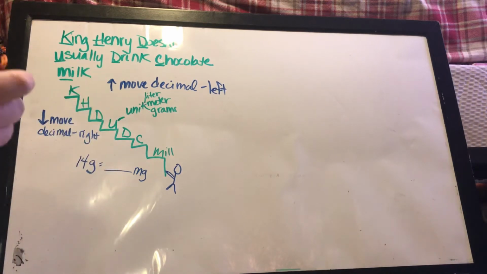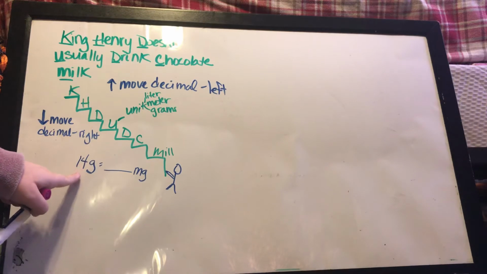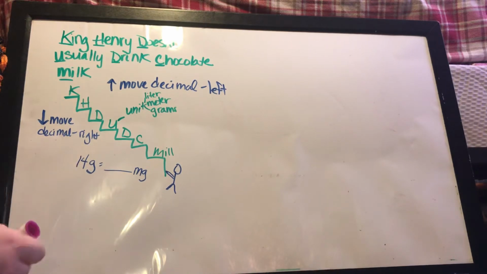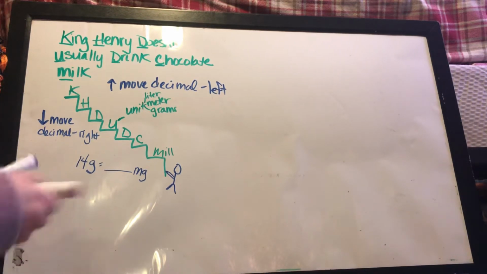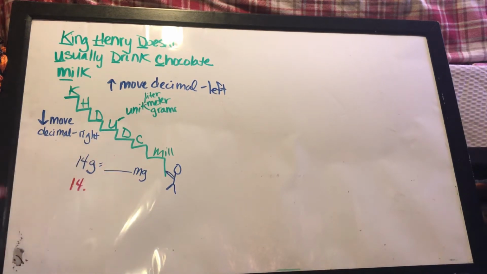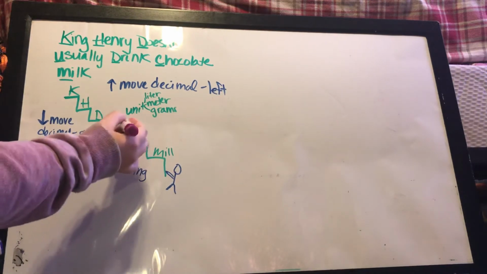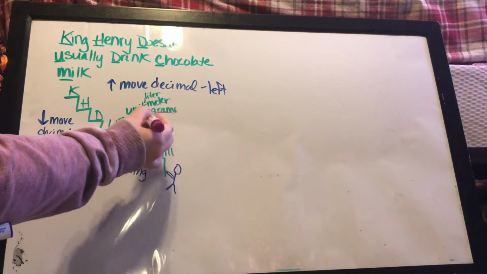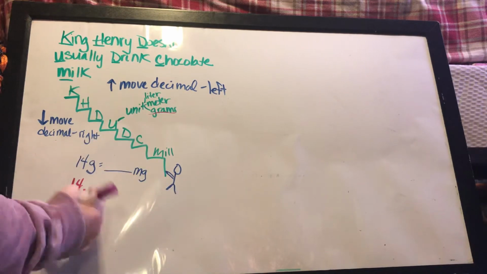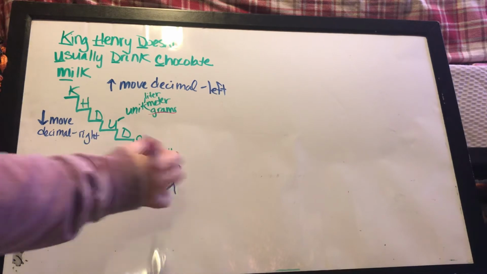Okay, but if I have a number that I'm starting off with that's a whole number, I want to remind you, 14, because it is a whole number, we can start off by putting a decimal at the end of it, because remember, $14 is the same as $14.00. So if I'm going from gram, which is my base unit, right there at my unit, and I'm going down to milligram, that means I'm going down to the bottom of my ladder.